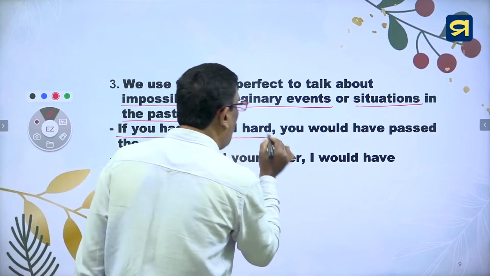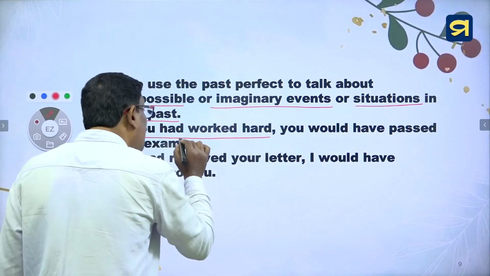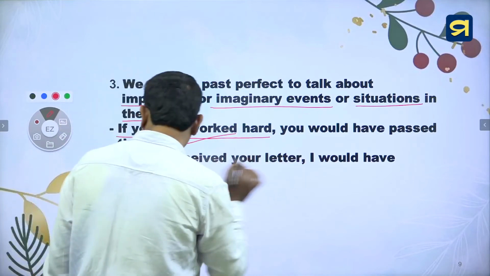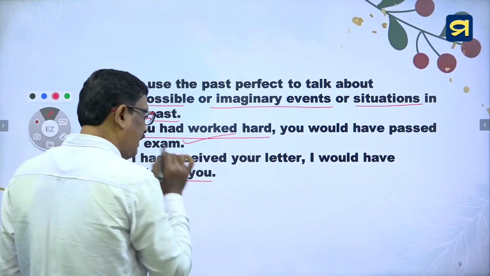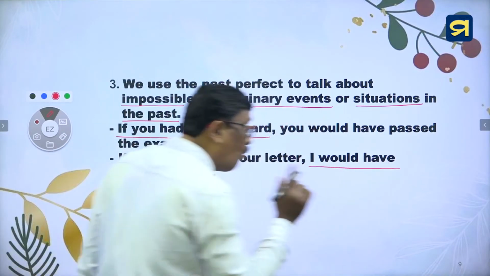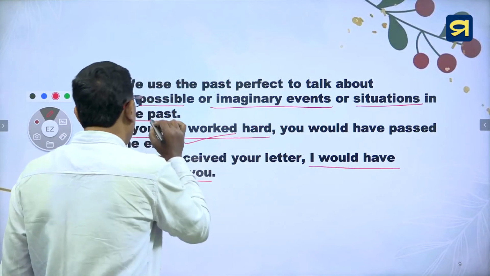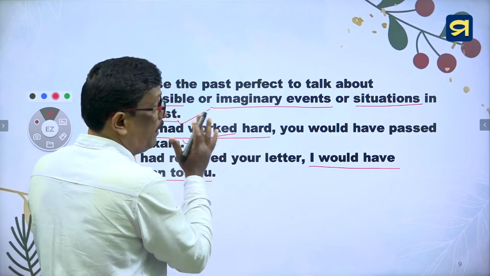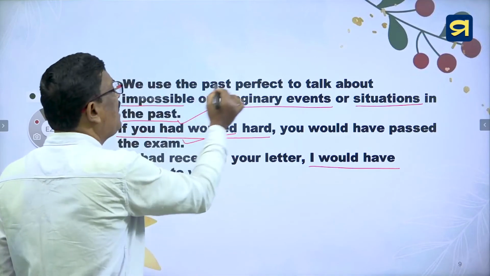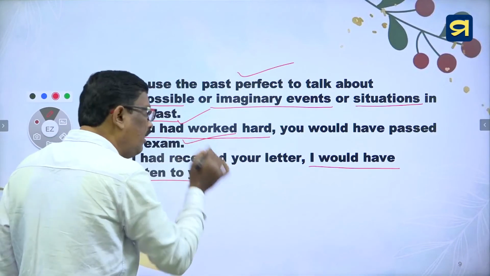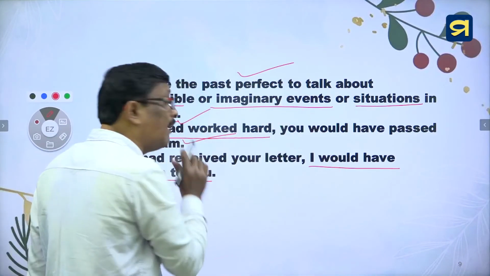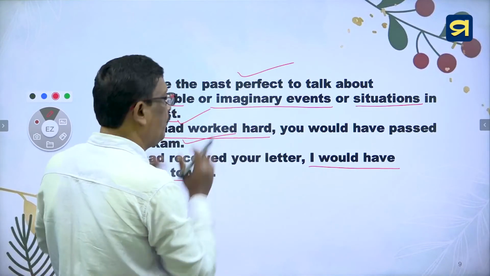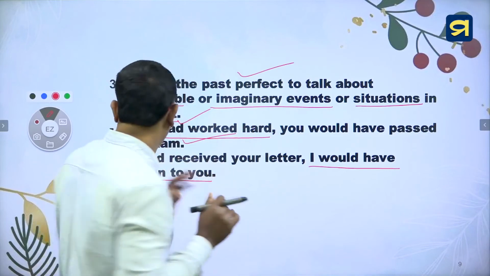If you had worked hard, you would have passed the examination. Similarly, if I had received your letter, I would have written to you. Generally, if the main clause has a modal, the conditional or adverb clause has the same thing: past perfect tense is used. That means we use past perfect tense to talk about impossible, imaginary events or situations in the past. Not present. In the past, generally we use such conditionals. Okay, dear children.